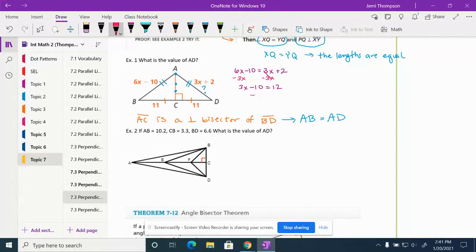My goal is to get x by itself, so I'm going to move the 10. Oh, I copied this down wrong. There's an error here. That's a 2, not a 12.